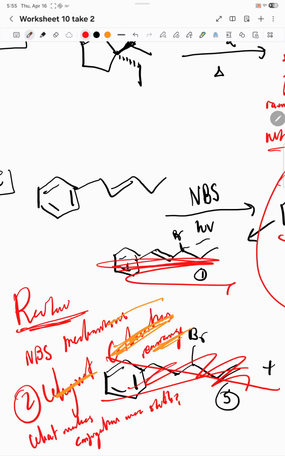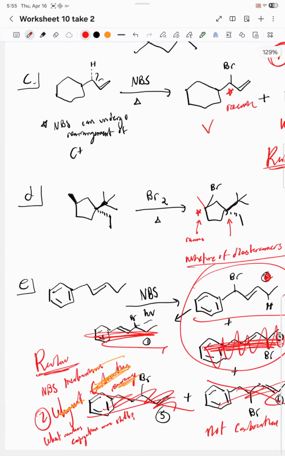That's number 2. So what are the resonance possibilities within the NBS mechanism, and how do we classify conjugation stability? This shall be saved for later.